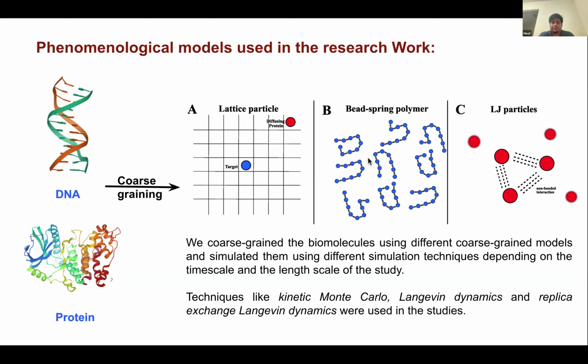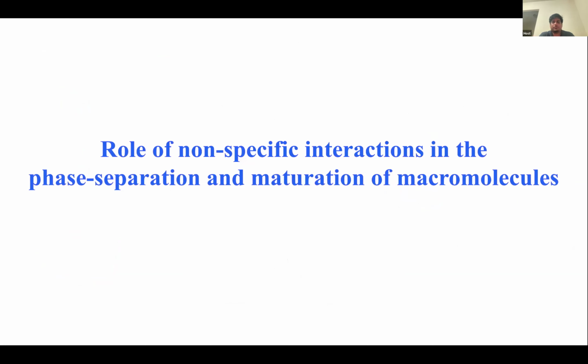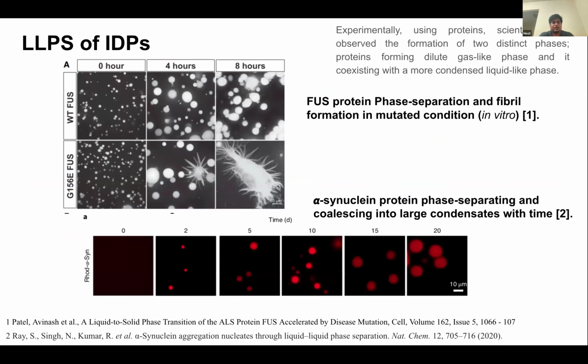These three models are simulated using three different methods: kinetic Monte Carlo, Langevin dynamics, or replica exchange Langevin dynamics. Using this, we want to study the role of non-specific interaction in the phase separation and maturation of macromolecules. I'll come to it in the next slide.